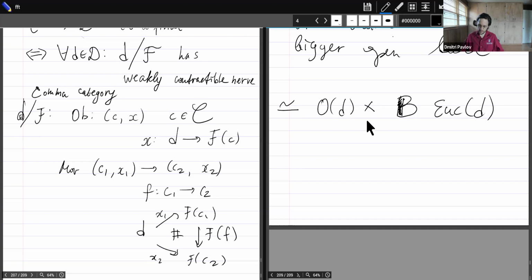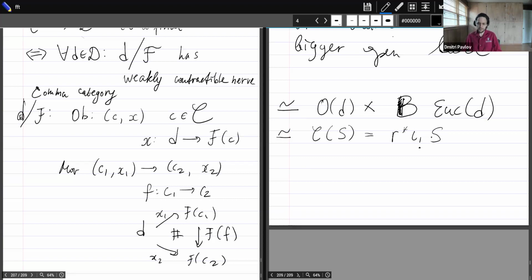Okay, this completes the computation. So just to remind you, what we computed here is the flat Riemannian manifold, so that's another name for R star iota shriek S.